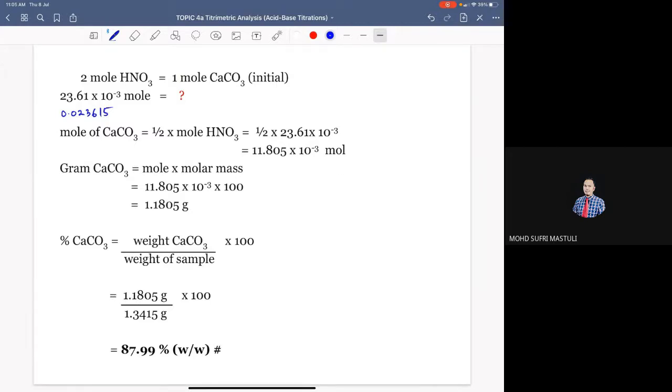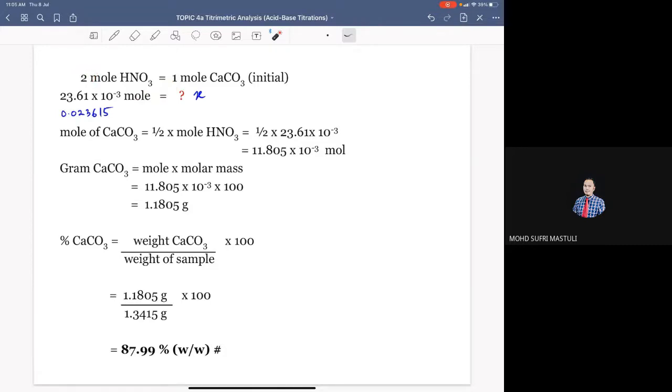The mole of calcium carbonate is X, so to determine X, 0.023615 multiplied by 1 divided by 2.